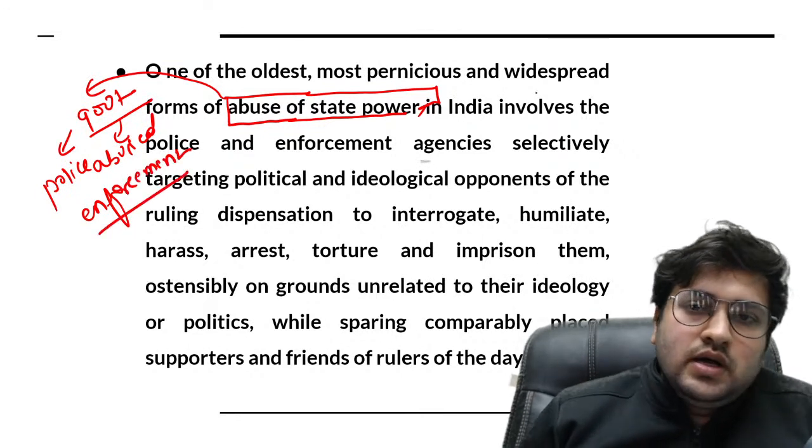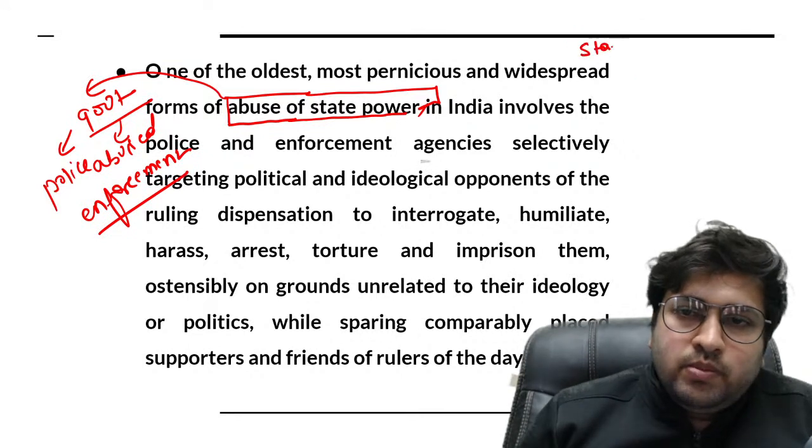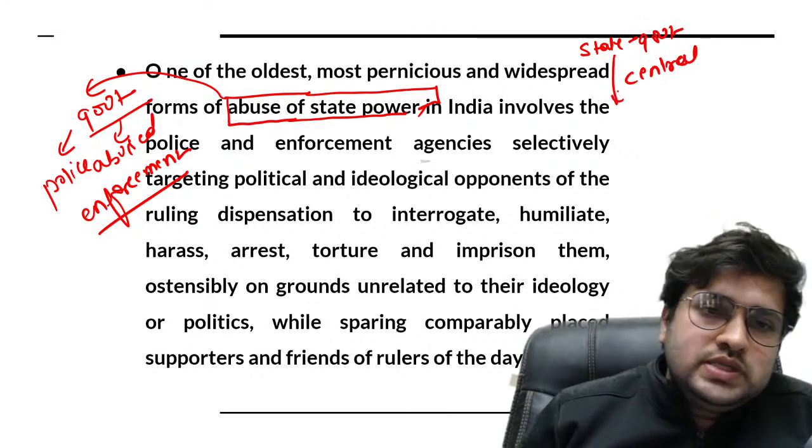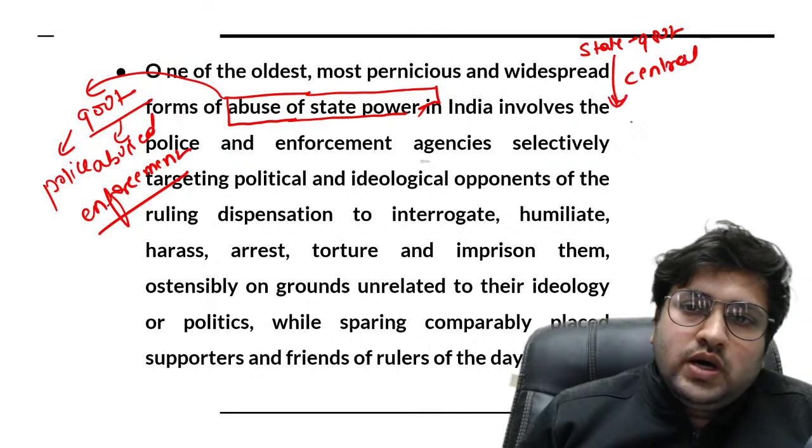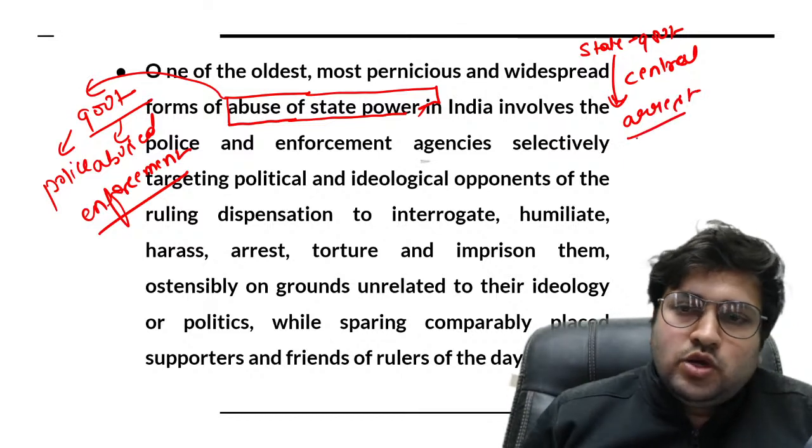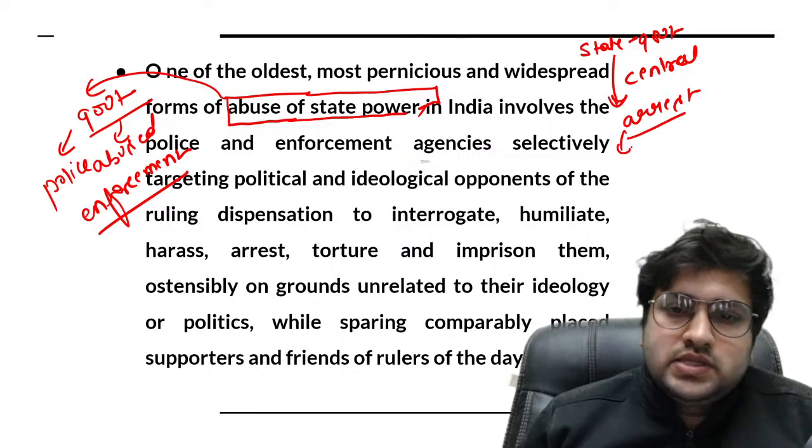It means suppose in a state government or in the center there is one political party. They can use these agencies to arrest or to carry out criminal intimidation against an opponent or the person who is against their ideology.